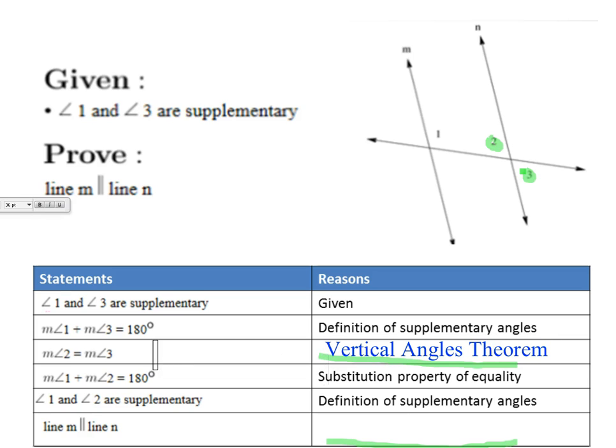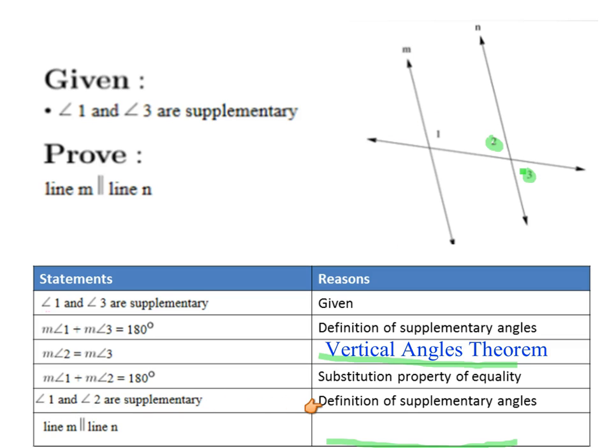So what they did is they took that angle 2 and they substituted it in. If 1 plus 3 equals 180 and 2 is the same as 3, then I can just substitute 2 in for 3. So the substitution property allowed me to do that. So when I am saying that these two add up to 180, that means that they are supplementary.